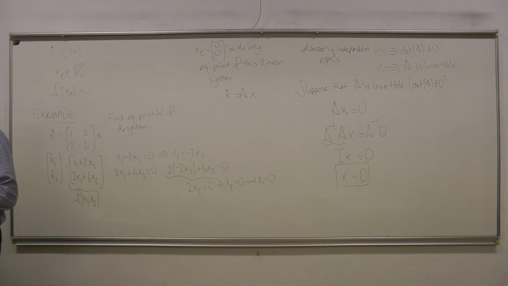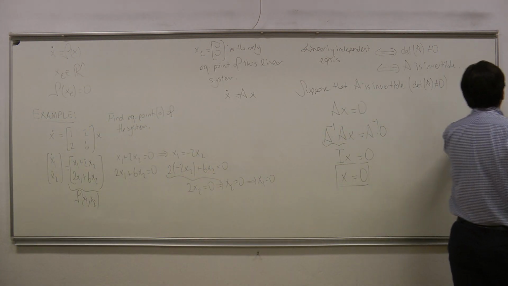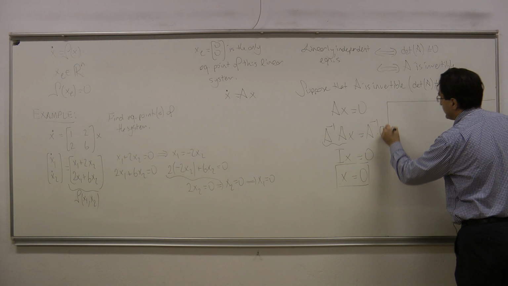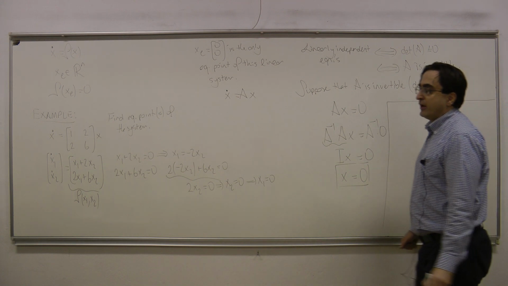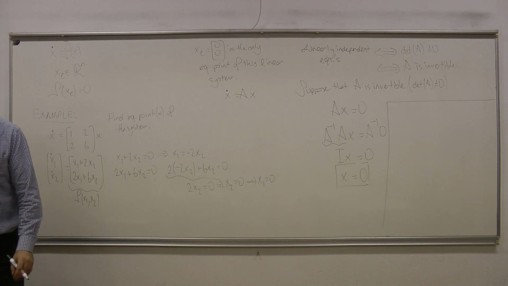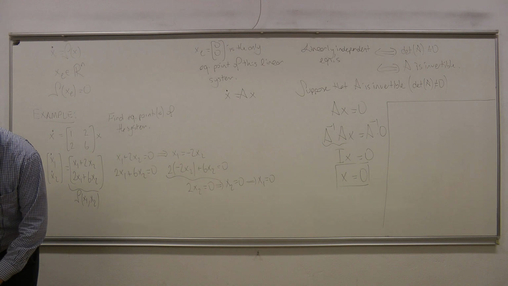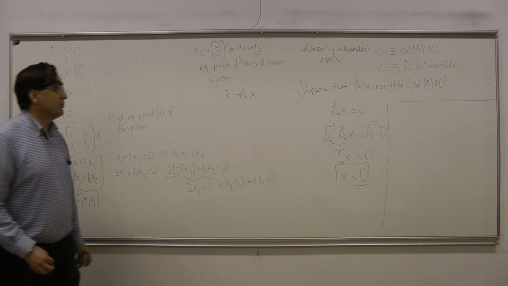Okay? So we see here something very important: for a linear autonomous system, if the A matrix is invertible, if its determinant is not equal to 0, then the origin is the only equilibrium point.